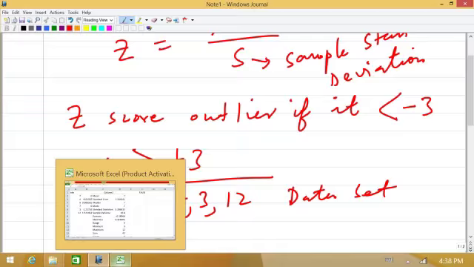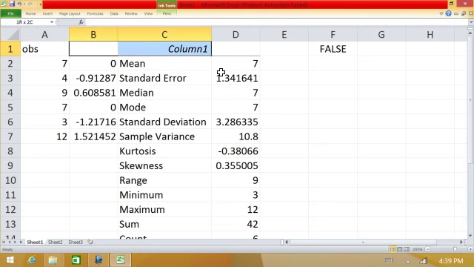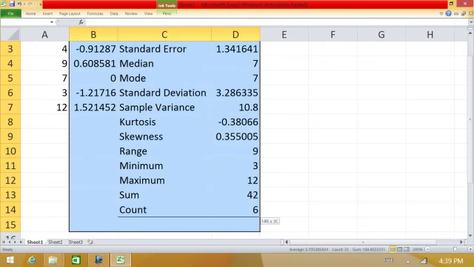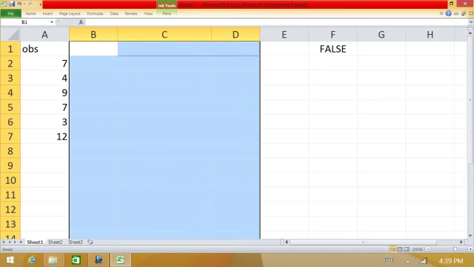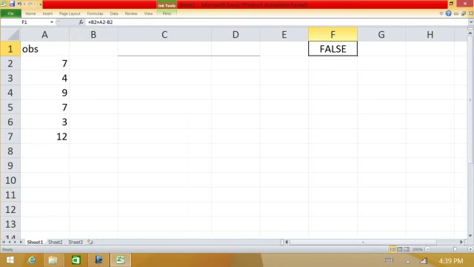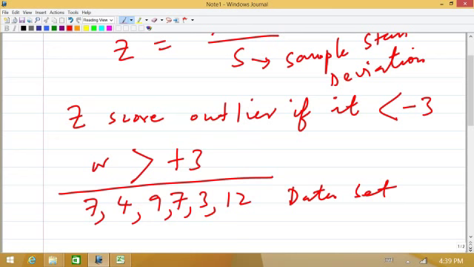Let me erase this stuff and reconstruct everything again. So we start out with the observations: 7, 4, 9, 7, 3, 12.